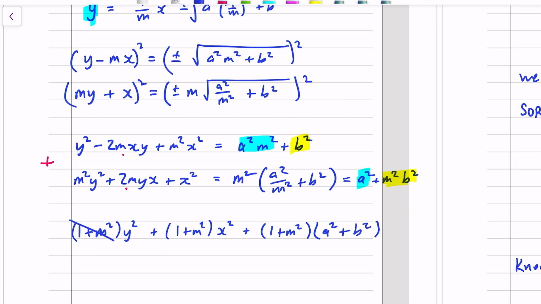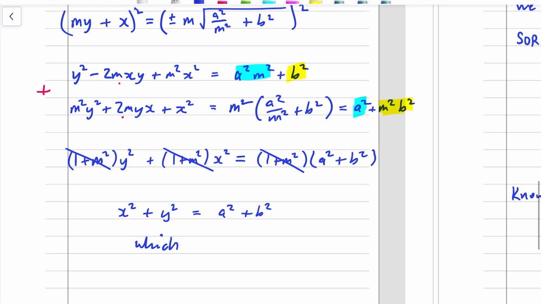Divide through by that because it's never 0. I don't know where my equal sign went. Got carried away, got excited because it's such a nice simplification. And therefore we have the equation of a circle, which is a circle with a radius equal to the square root of a squared plus b squared. Center at the origin.